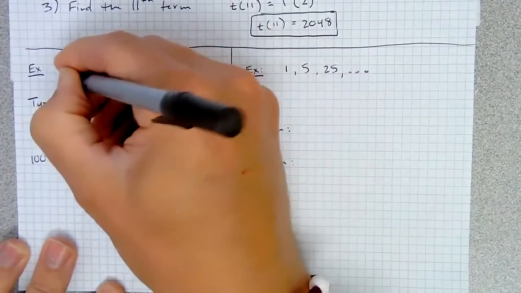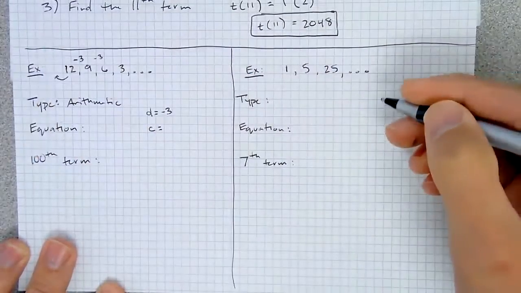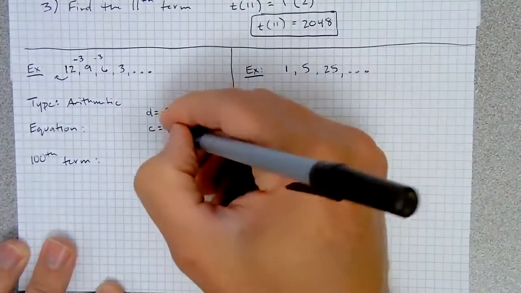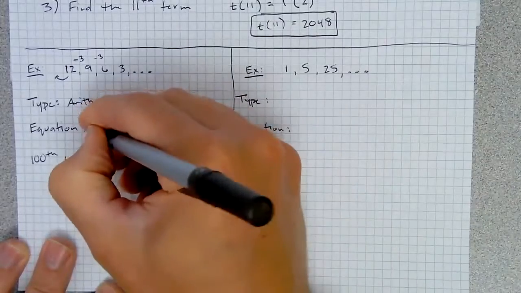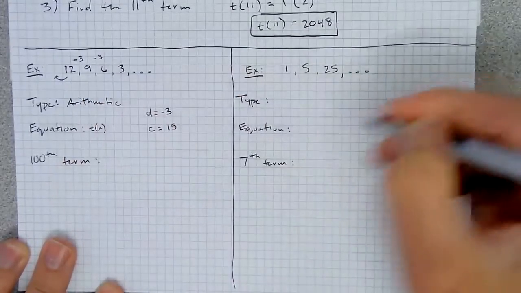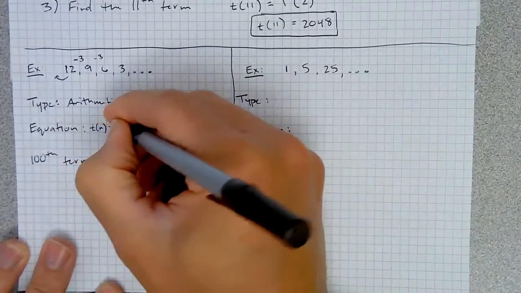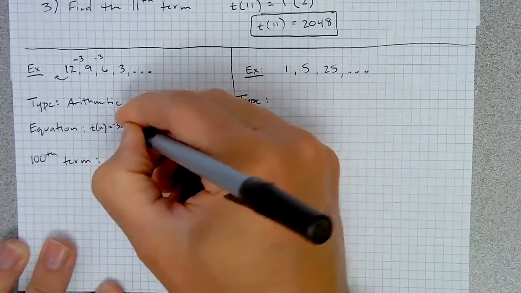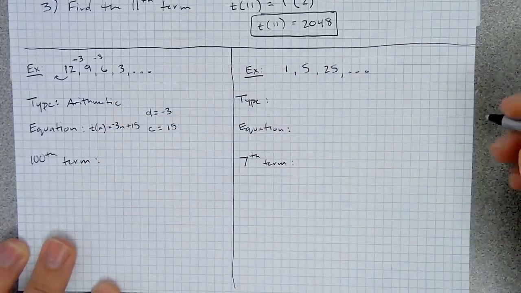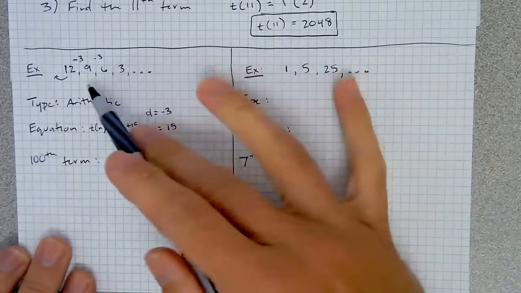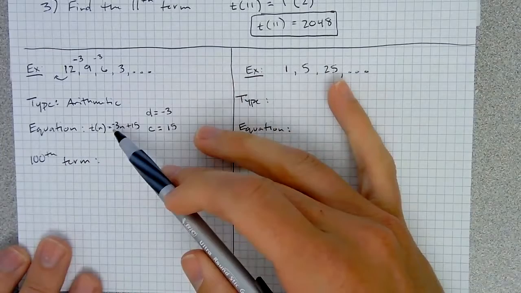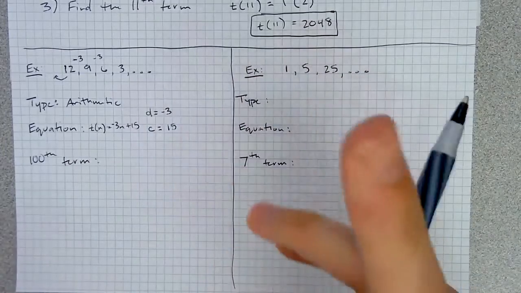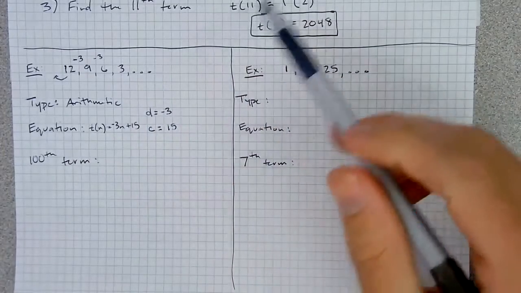Our C value, what number would come before 12? 15. So we get T of n equals -3n plus 15. Since we're subtracting, our generator has to be -3. Really, it's adding a -3.